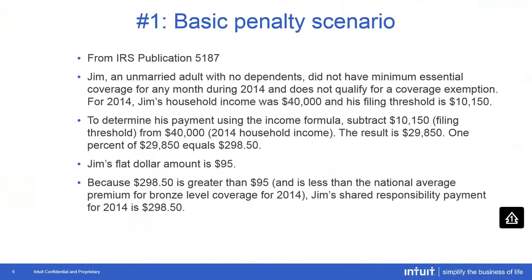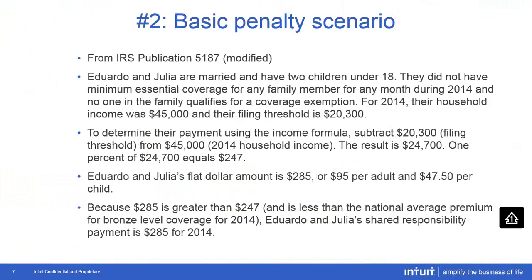Okay, next, we're going to go to use case number 2, another basic penalty scenario. It's going to be from the IRS publication 5187, and I modified some of the inputs here just to show you the computation a little more comprehensively.